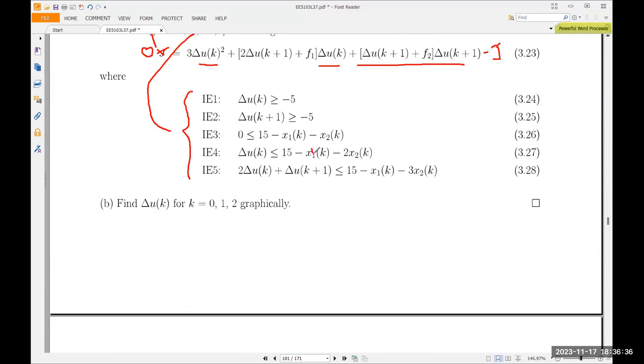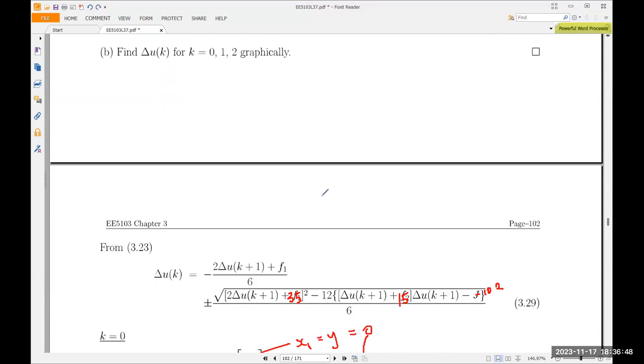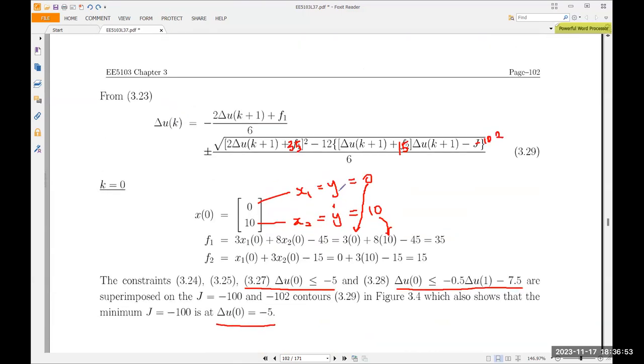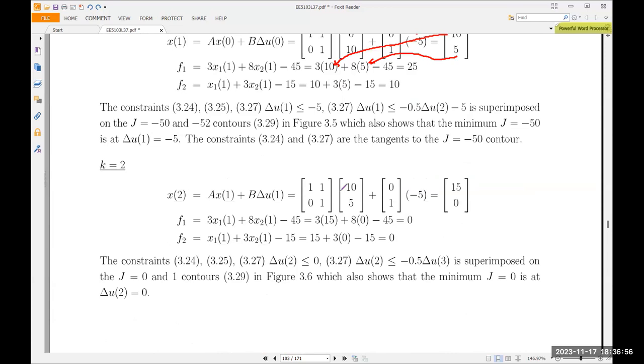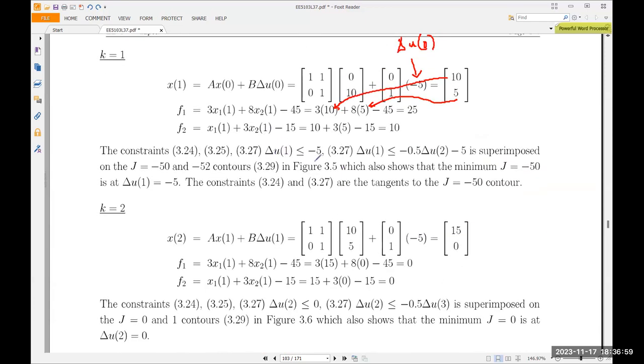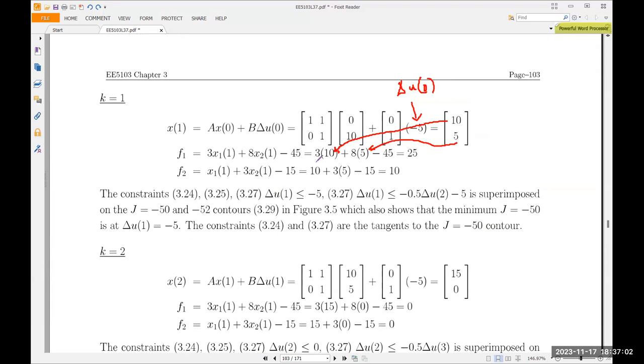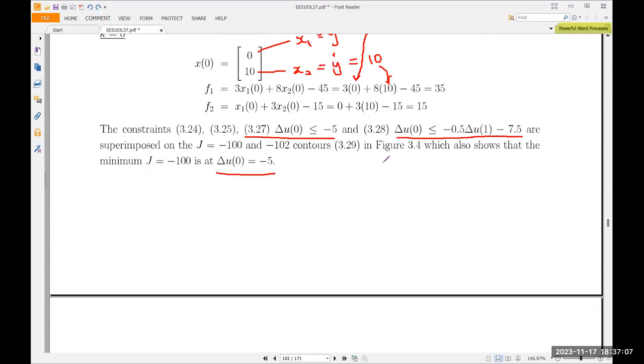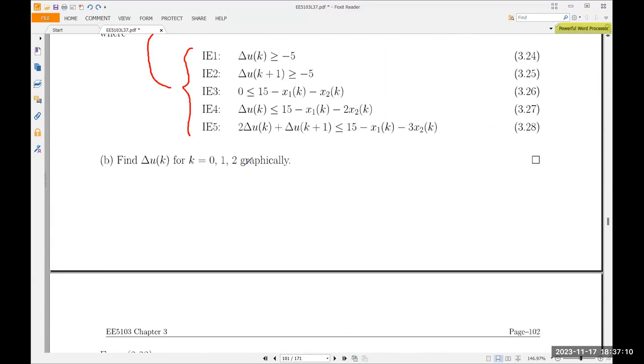So if you put a 10 here, minus 5, must be less than minus 5. So it is a 10 and a 5. So which one is 10 and which one is 5? 10, 5. So this must be a 10. This must be a 5.